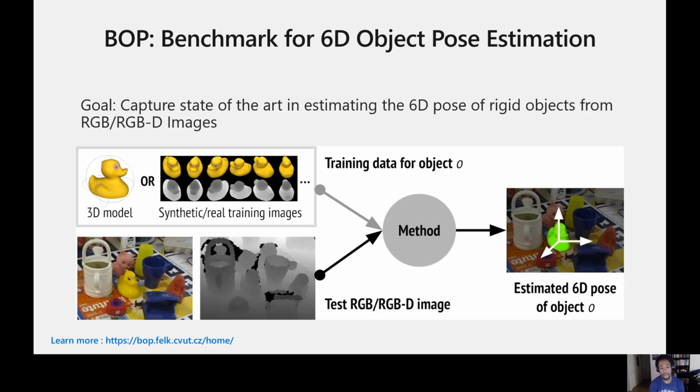So if there are several objects laid out, per instance of each of those objects, how do we then recover that six-dimensional pose? So really what this challenge is here to do is enhance the approach of being able to estimate those six-dimensional poses.